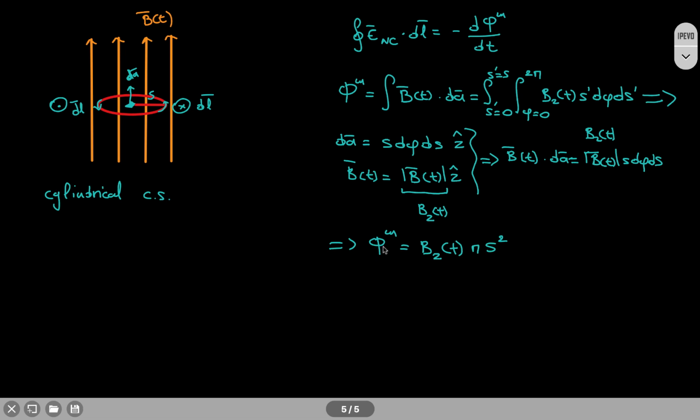Now this is the magnetic flux, and the right side, let's say this is equation 1, let's call this equation 2.